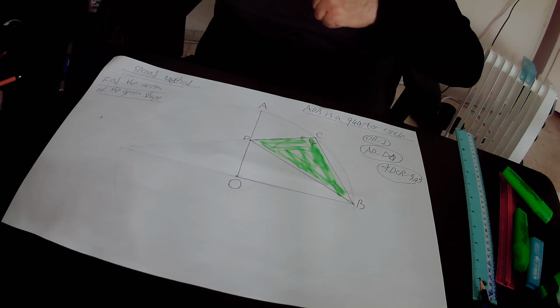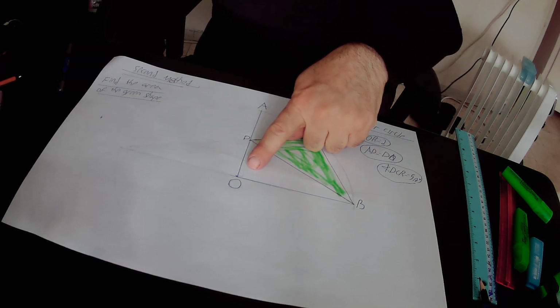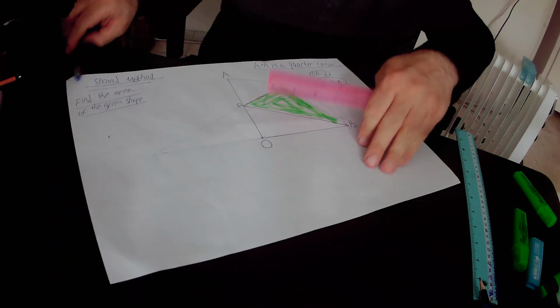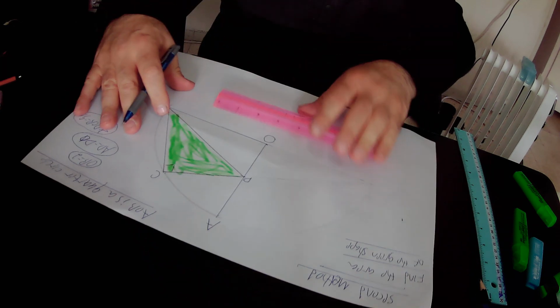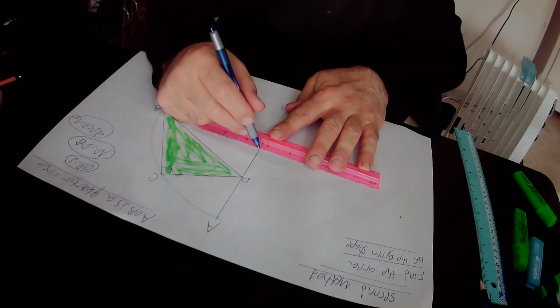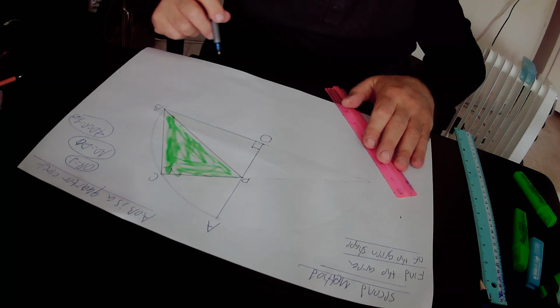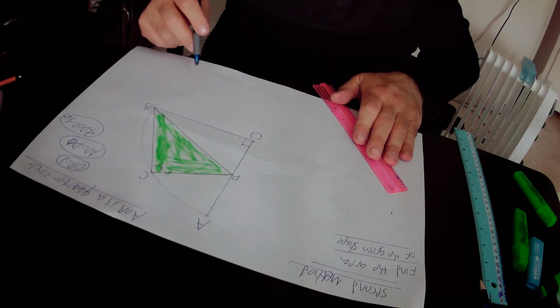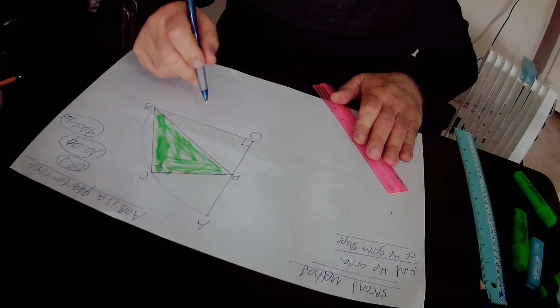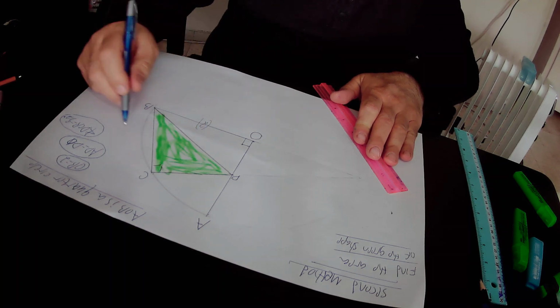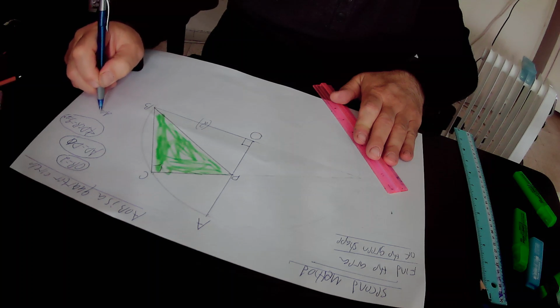So AOB is a quarter circle, therefore this angle AOB equals 90 degrees. The radius OB equals 2. The radius AO also equals 2.